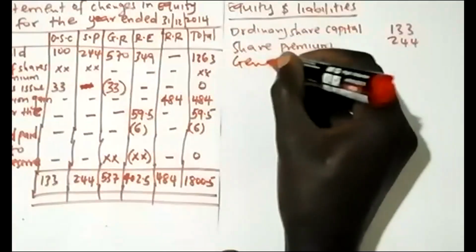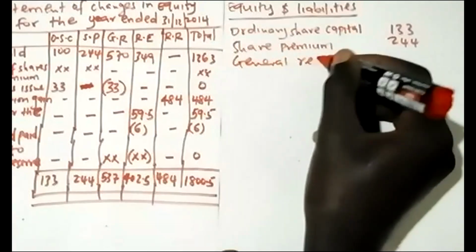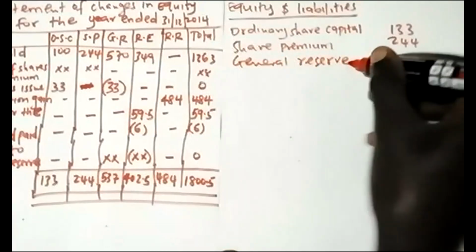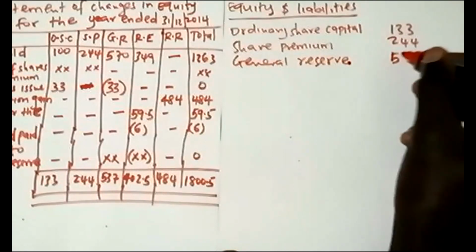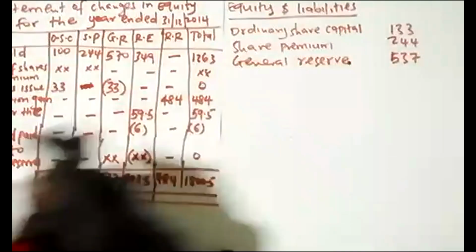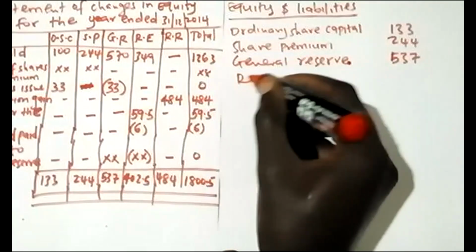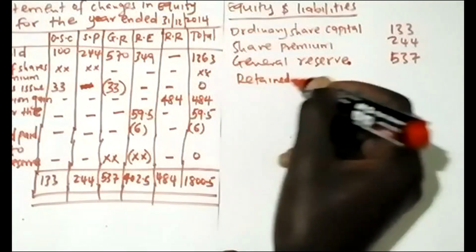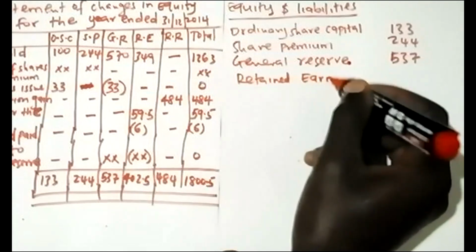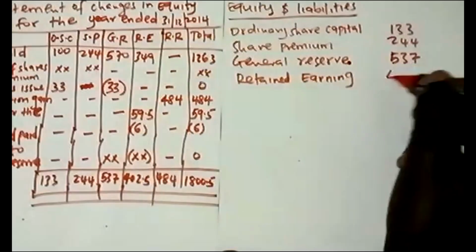General reserve is 537. So I'm copying from my statement of changes in equity. Retained earnings, the balance down there is 2.5.